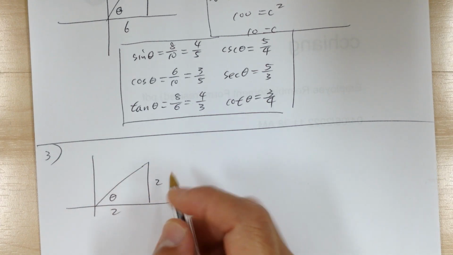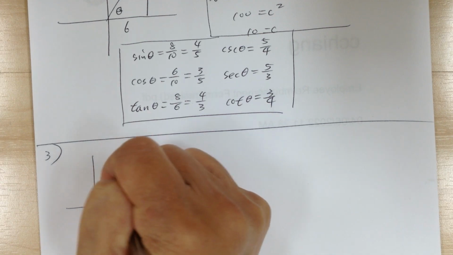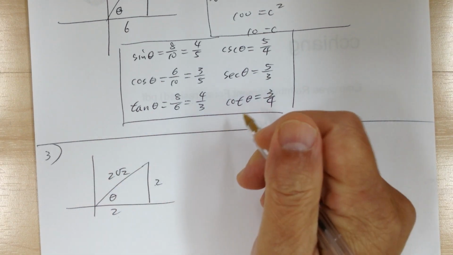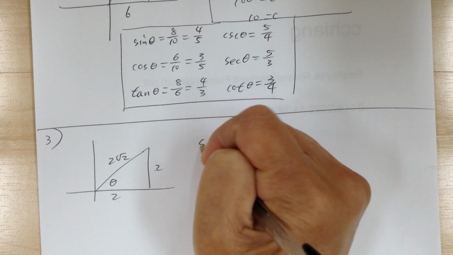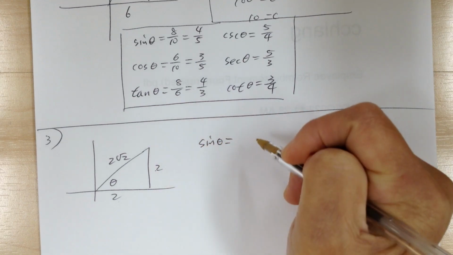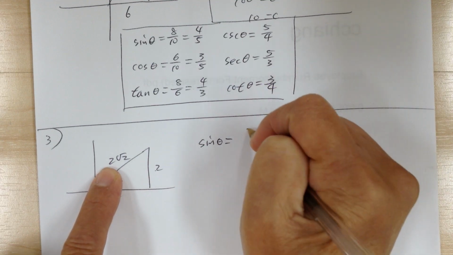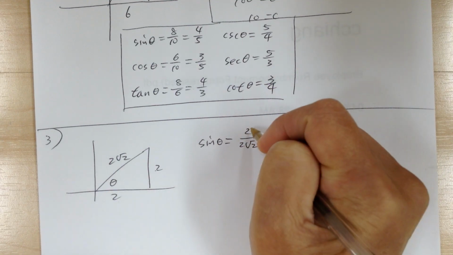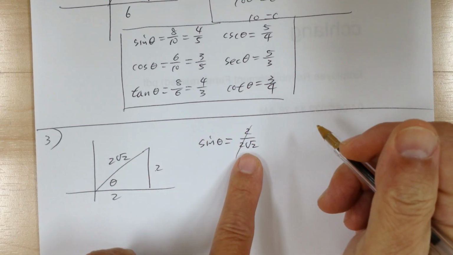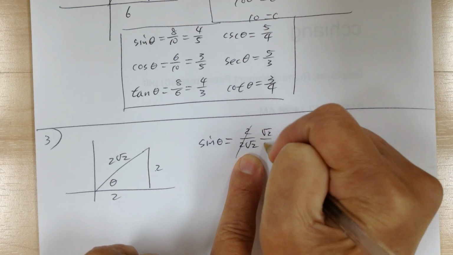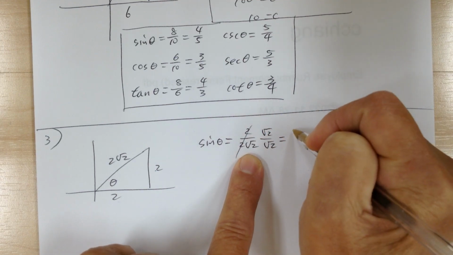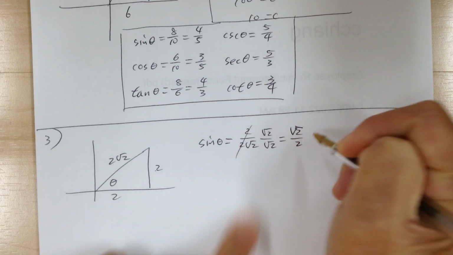Okay. So 2, 2, this would be 2 square root of 2. Okay, so from this case, you got sine of theta equal to opposite over hypotenuse, would be 2 over 2 square root of 2. The 2 will cancel out, and you have to simplify this. You have to multiply by square root of 2 over square root of 2. So this is equal to square root of 2 over 2.